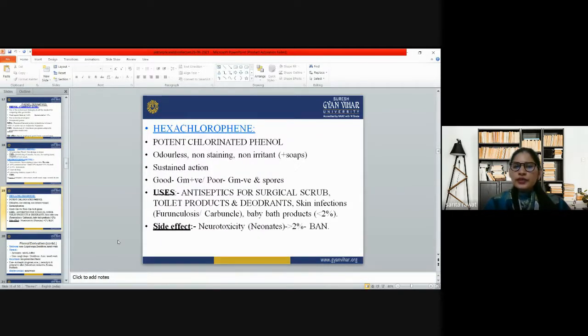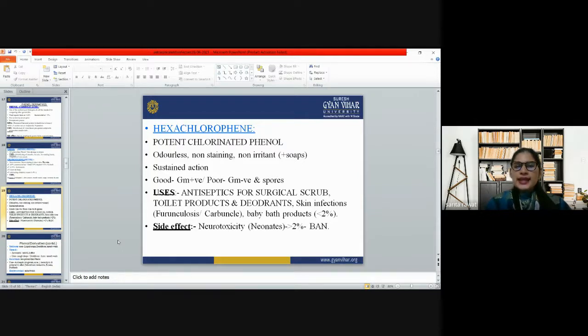Now the next we have hexachlorophene. Hexachlorophene is a potent chlorinated phenol, and it is odorless, non-staining, and non-irritant in soaps. It has a sustained action. It is good for gram positive and poor for gram negative bacteria and spores.